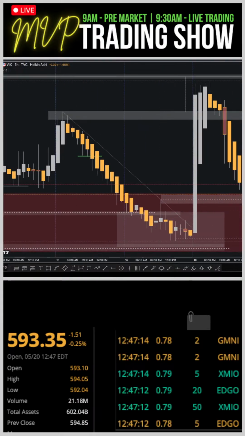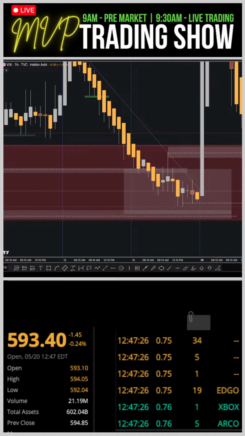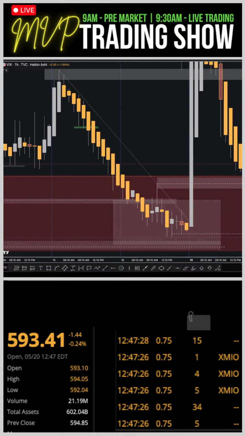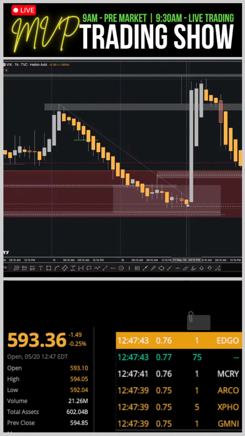We have room all the way into that 1719 territory, 1716. So basically giving back everything we saw during the Moody's downgrade. Moody's downgrade, huge pump. Now we're basically going back to where we were previously.